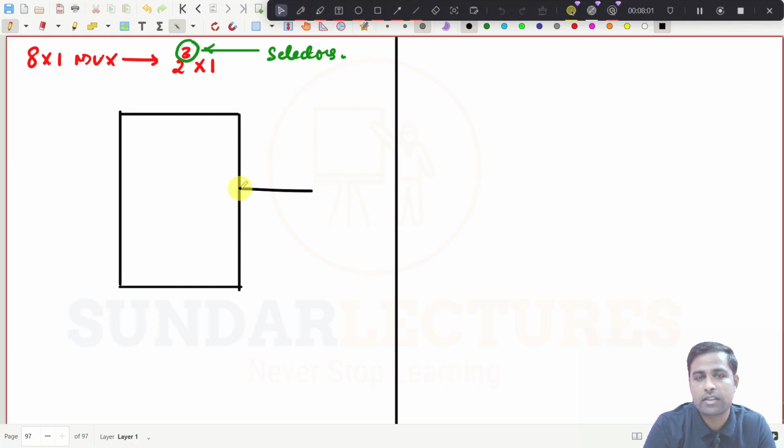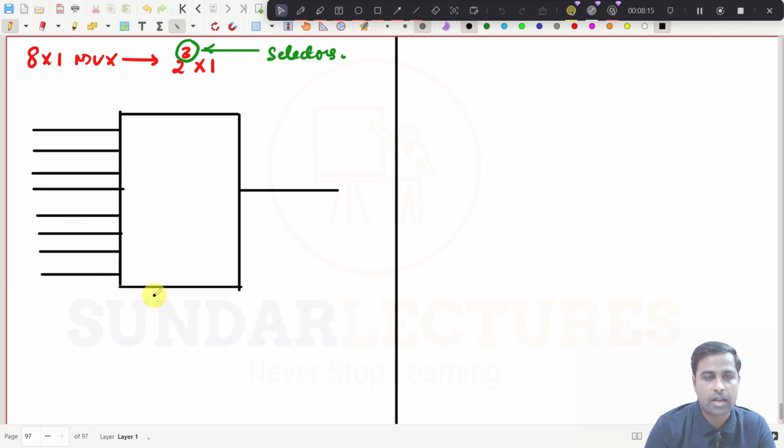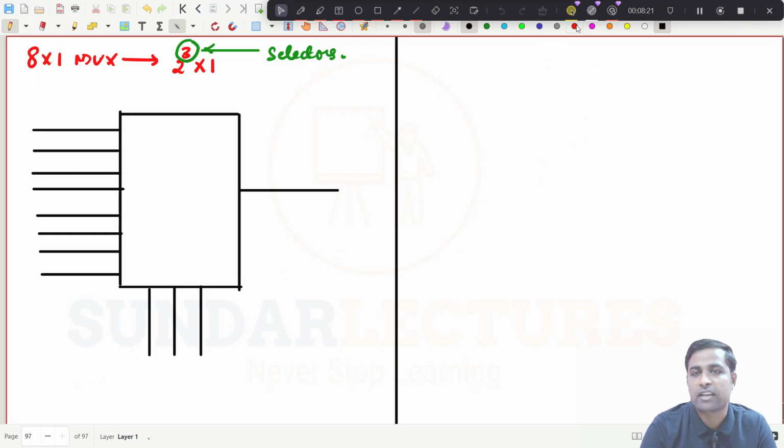For example, this is my output. So 1, 2, 3, and then 4, 5, 6, 7, 8. Now how many selector switches will this have? 1, 2, and then 3. This is my selector switches right now.